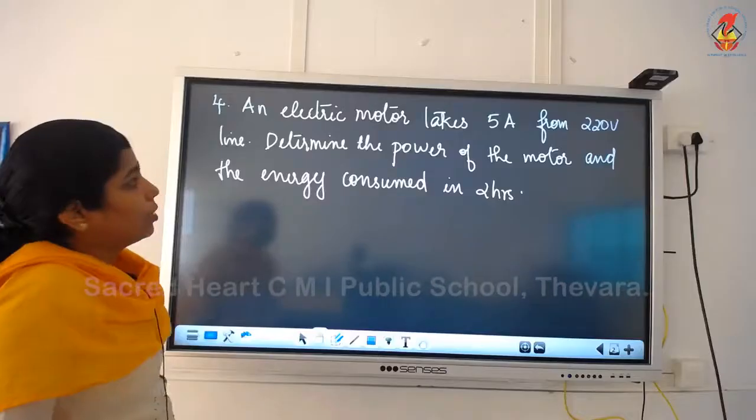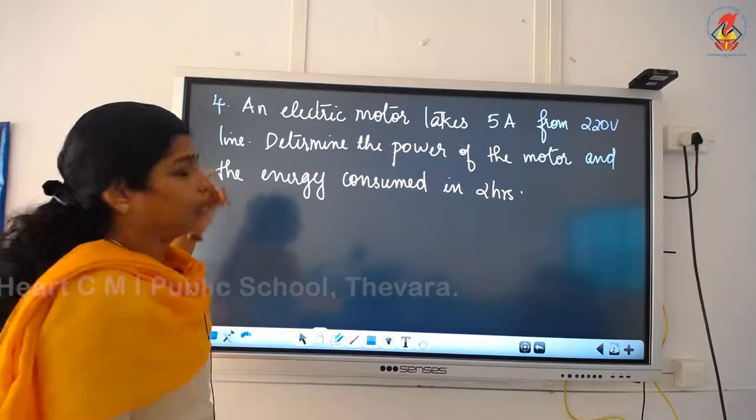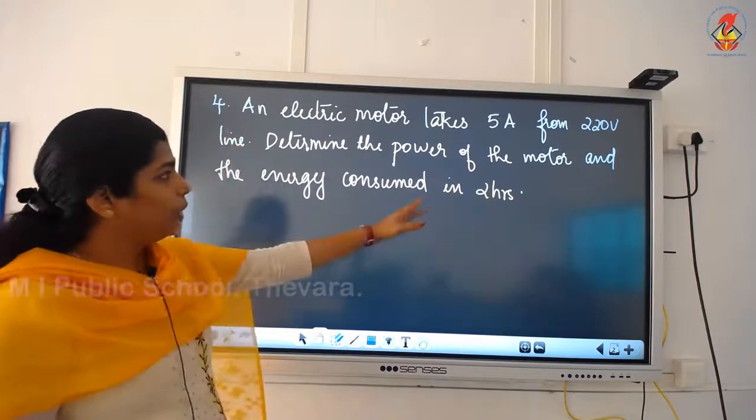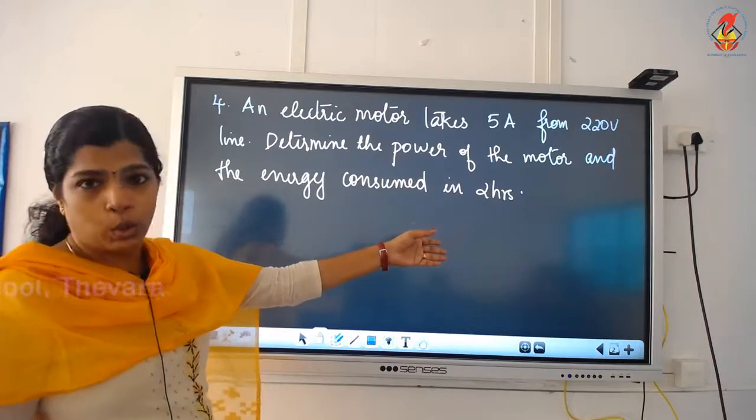So an electric motor takes 5 ampere current from a 220 volt supply line. Determine the power of the motor and the energy consumed in 2 hours.